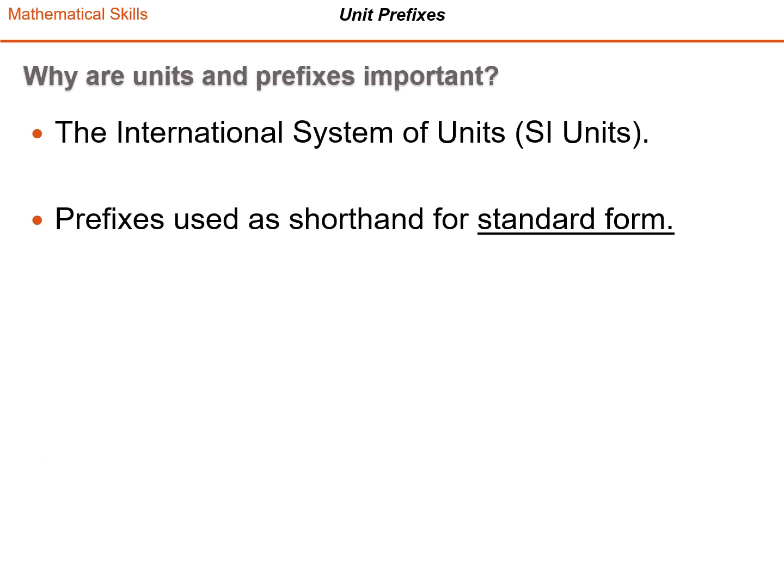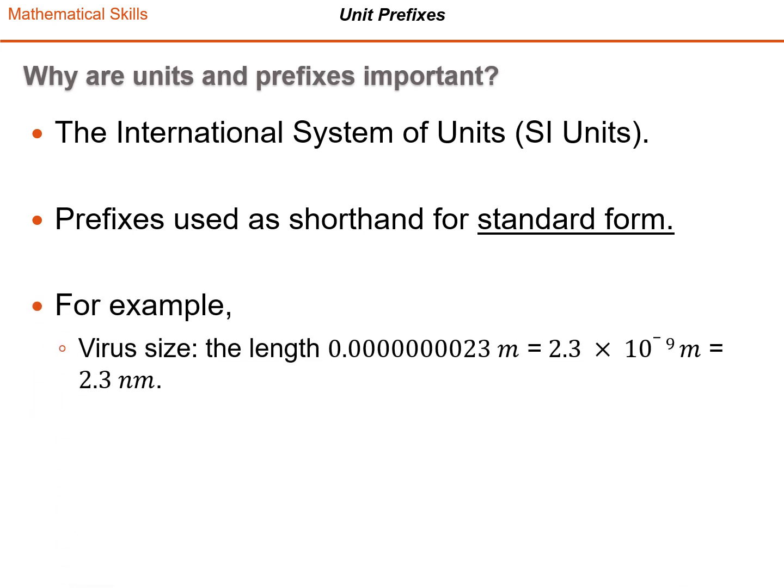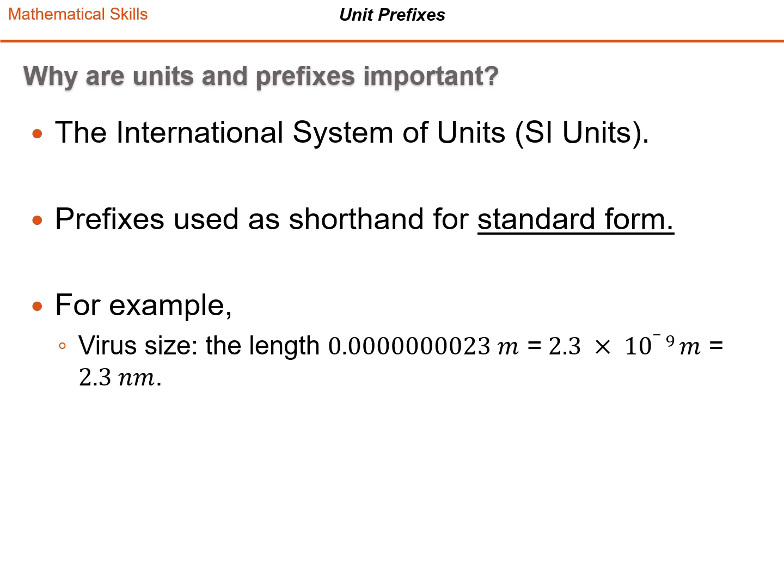Prefixes then are used as a shorthand for standard form, and we use them particularly when we're using very large or very small numbers in science. We've got a couple of examples here. An example from biology, the size of a virus may be about 0.0000000023 meters.